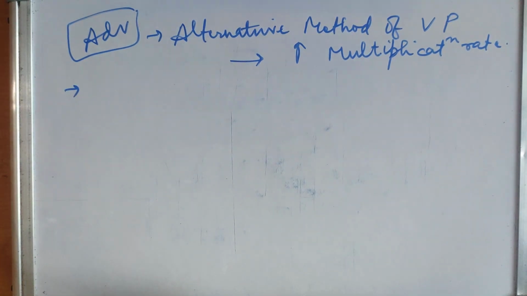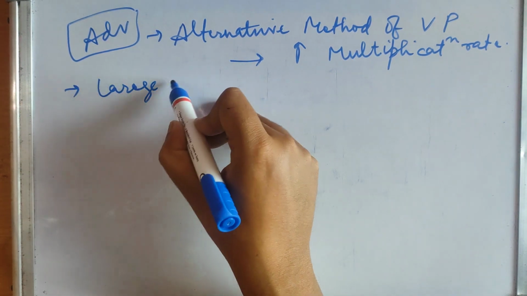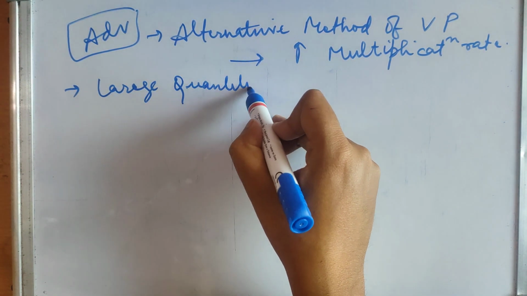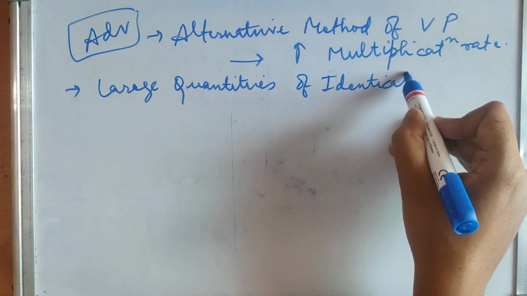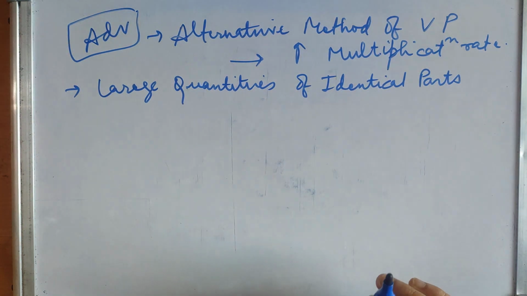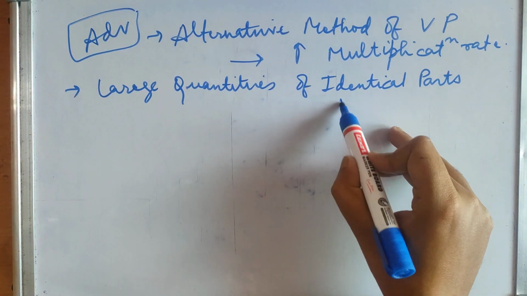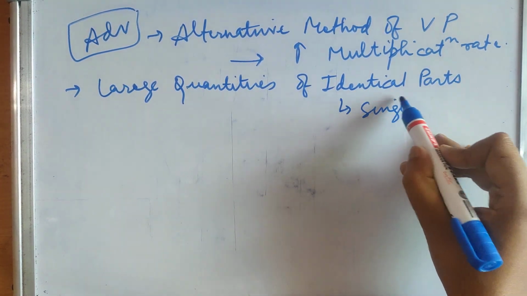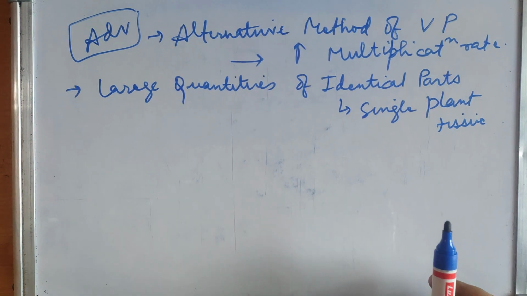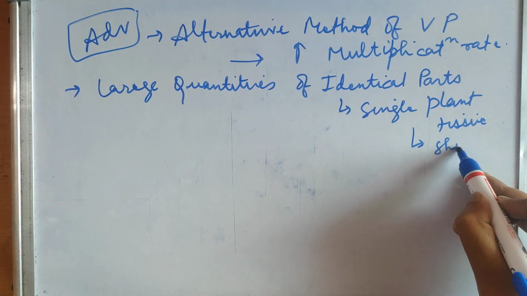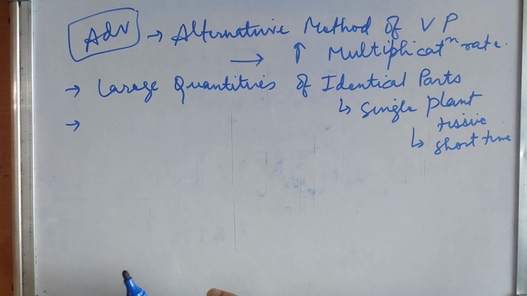Here large quantities of identical plants can be obtained from a single plant tissue in very short time.